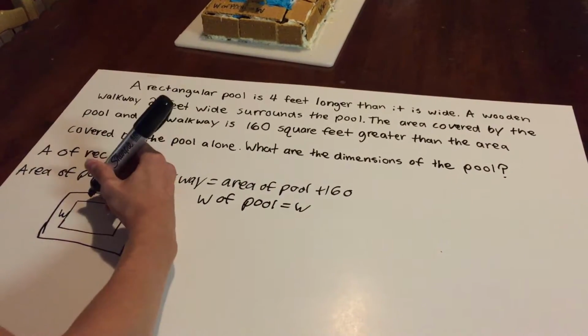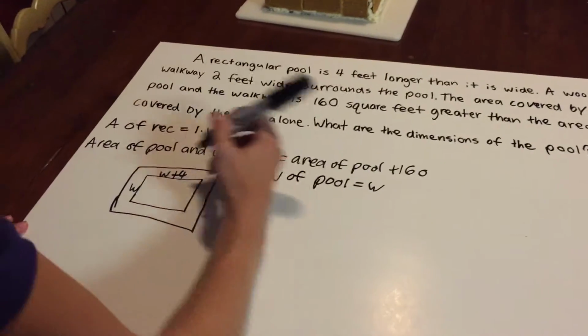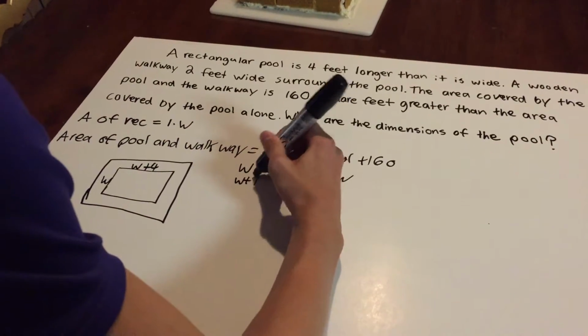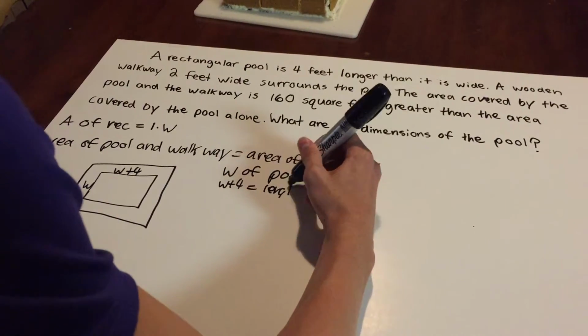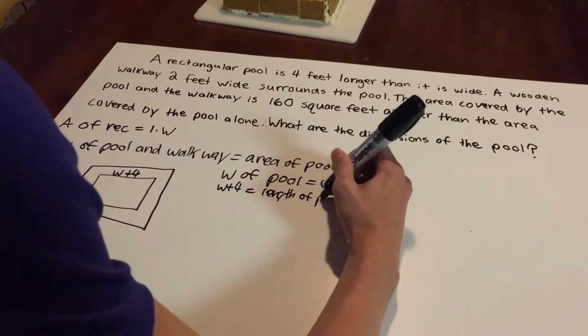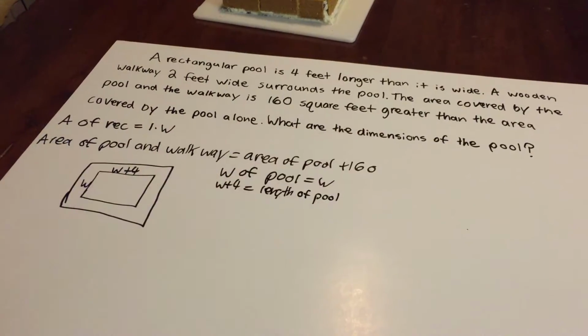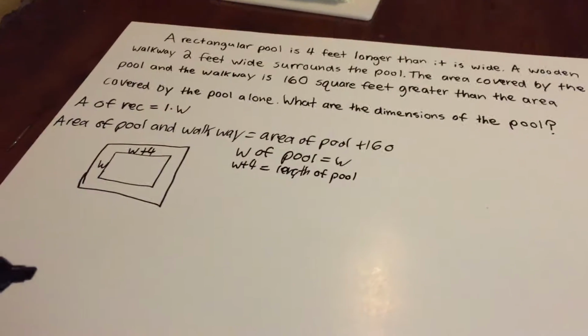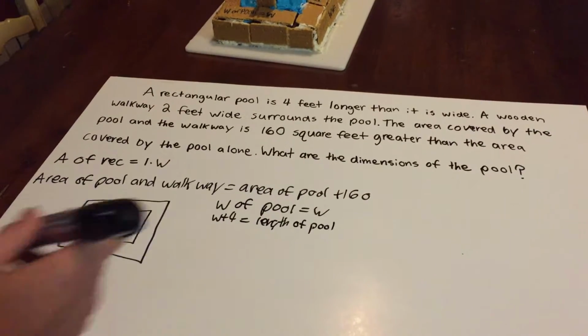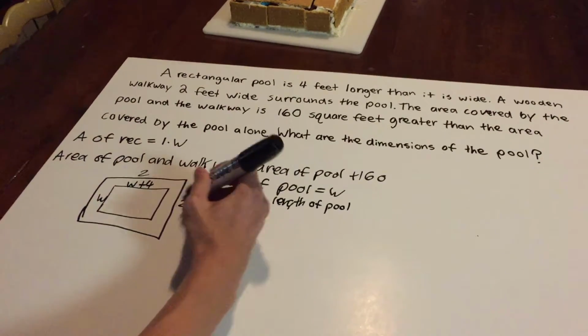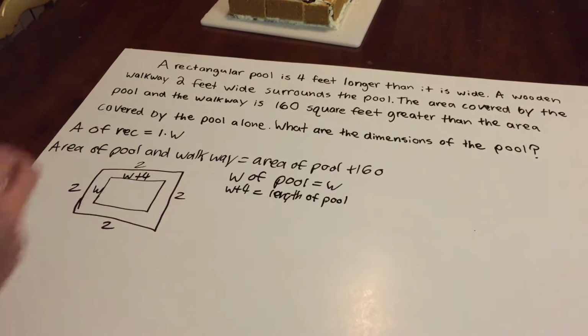So we're going to put W plus 4. Next, it says a wooden walkway 2 feet wide surrounds the pool. So we're going to put 2, 2, 2, 2.